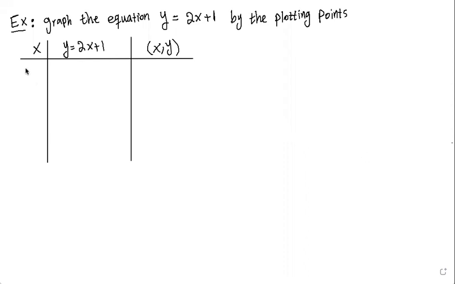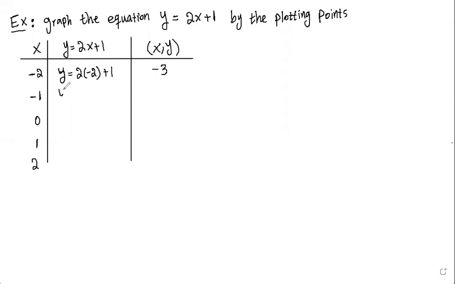So if I want to take -2, -1, 0, 1, 2, you plug them inside the equation. For -2, y equals 2 times -2 plus 1. 2 times -2 is -4, plus 1 is -3.